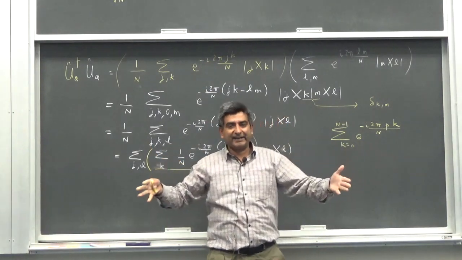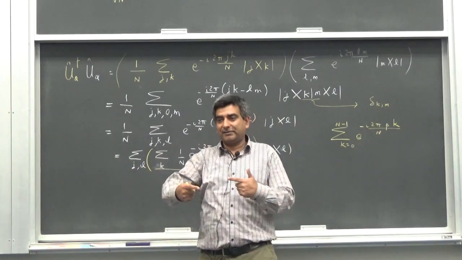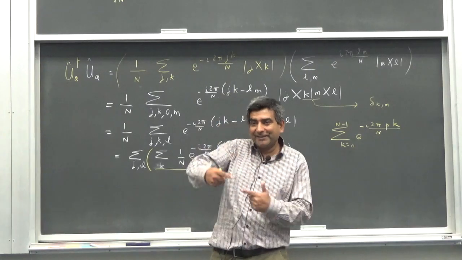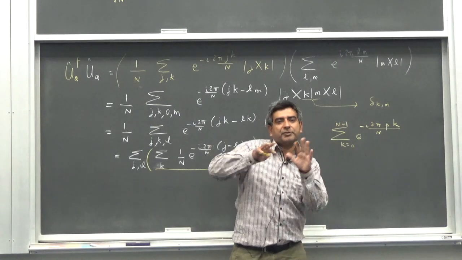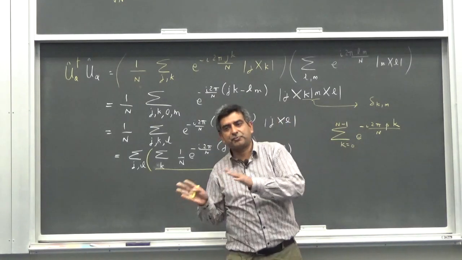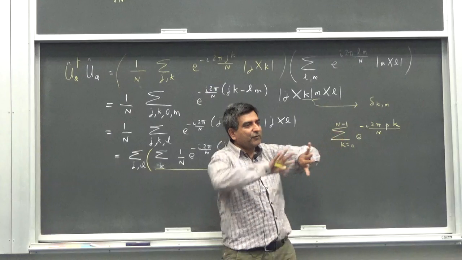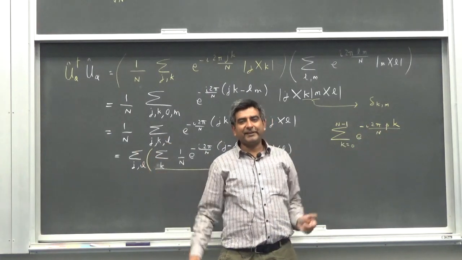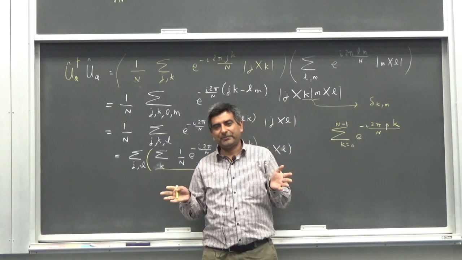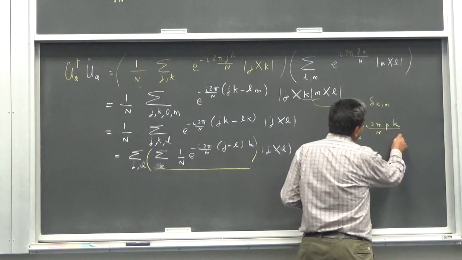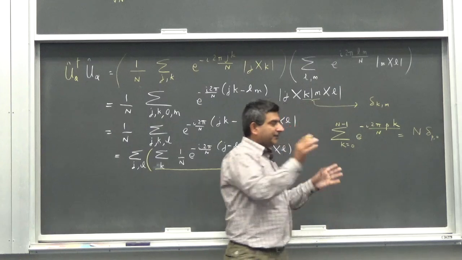So my answer will be capital N. If this p, which is an integer, is anything but 0, say 1, 2, 3, 4, minus 1, minus 2, anything besides 0, then this term is going to vanish. The sum of all of these terms is going to be 0, and the reason is that these will be roots of unity. So this term is n only when p equals 0 and it's 0 elsewhere.